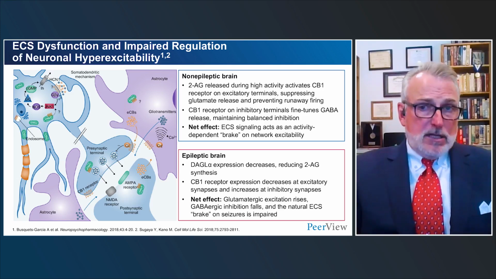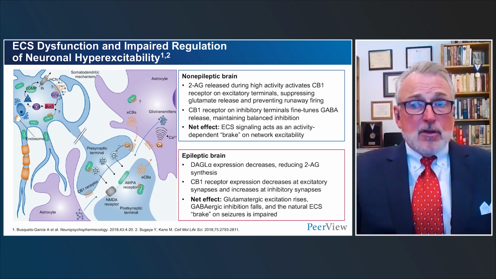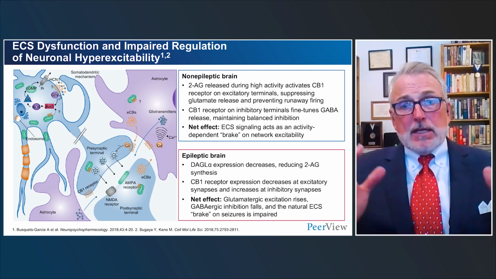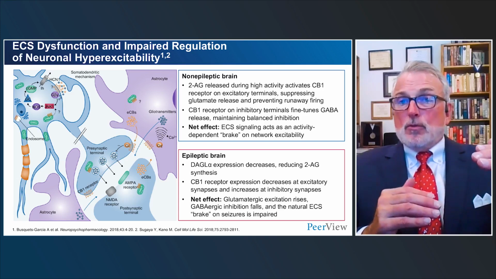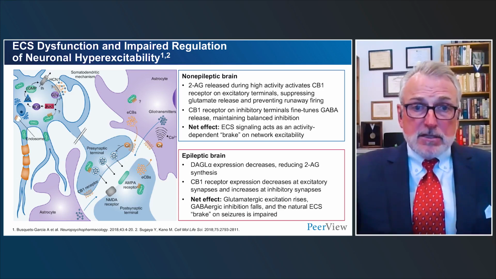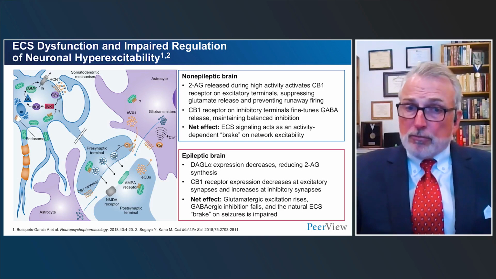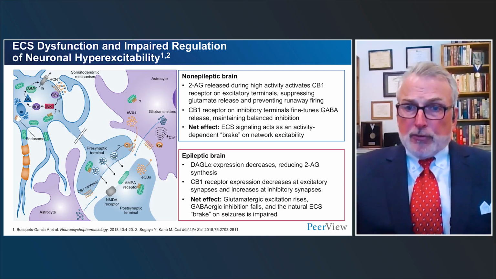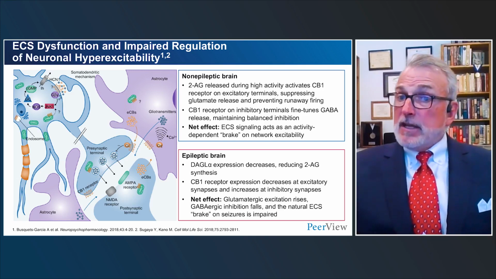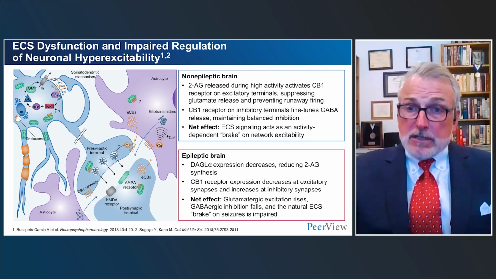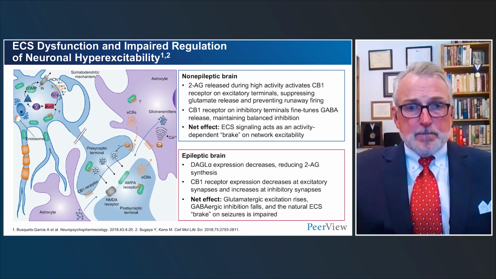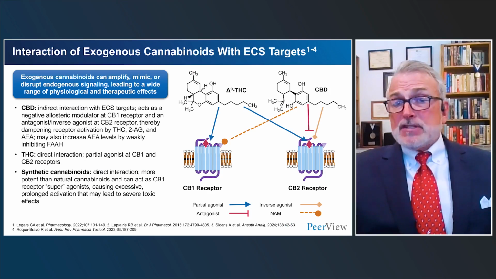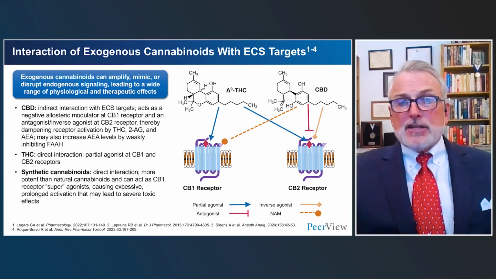And the thought is that perhaps what might be happening is that the cannabinoids can be used to reset that imbalance in the epileptic or seizure prone brain. The efficacy has been proven in clinical trials that led to the FDA approval of CBD as a treatment for pediatric seizure disorders. Well, the basis for this entire story is the interaction of the cannabinoids with their receptors.